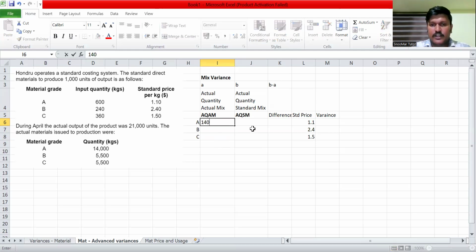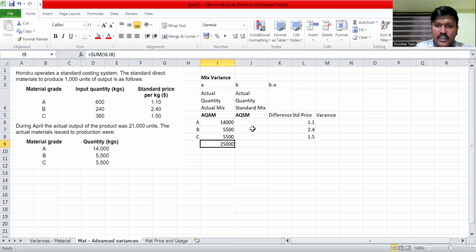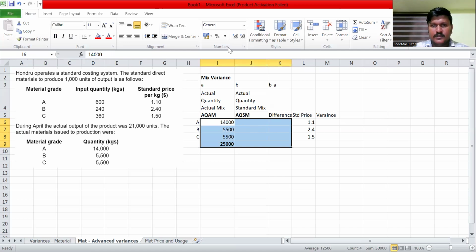That is your 14,000, then 5,500, and I also have 5,500. For producing 21,000 units, I have consumed a total material including A, B, and C of 25,000. I hope till now it is clear for you guys.